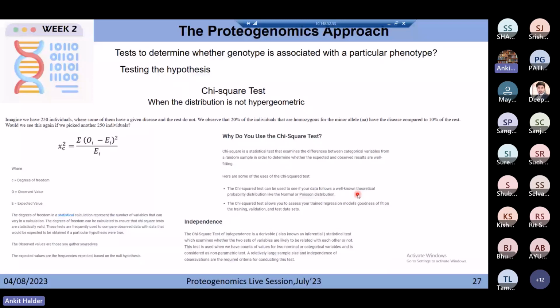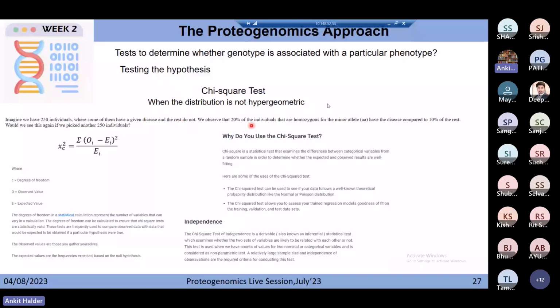But here, let's understand that in this question, if we imagine we have 250 individuals where some of them have a given disease and the rest do not. So you randomly pick 250 individuals, and for disease X, there are some people who have it and some who do not.